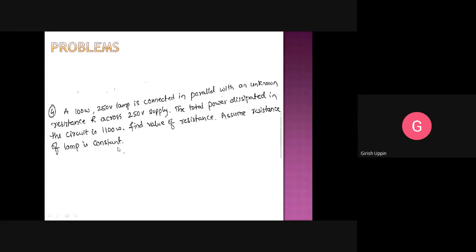So what is the problem here? We have one lamp, so it is as good as one resistor for me, and the specification is given, 100 watt, 250 volt. So you should be able to find the resistance, right? How to find the resistance? We know the P and we know the V. Which formula will you use to find the resistance of this lamp?